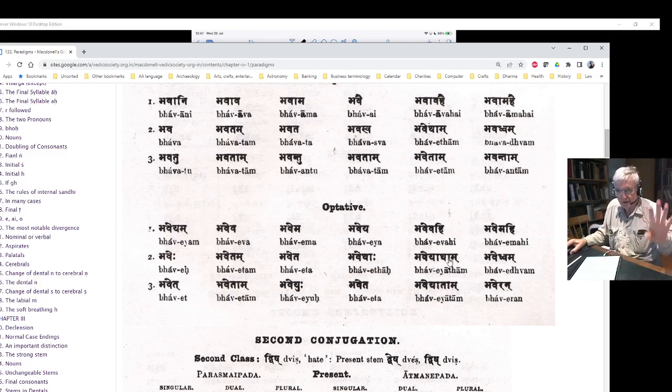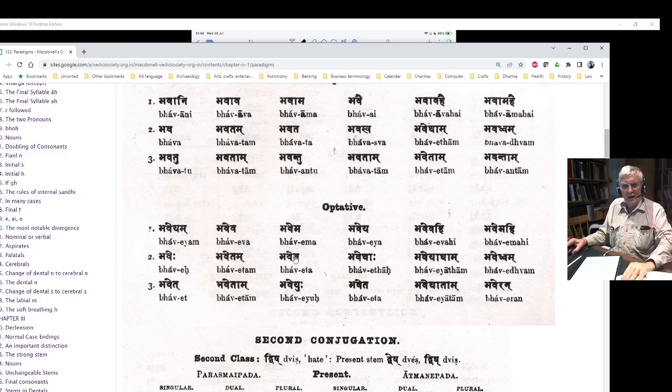Pali students don't need to concern themselves with it at all. And it's the same in the Atmanepada. On the left-hand group here, these nine that I'm circling are the Parasmaipada, the transitive active, and on the right, it's the Atmanepada, what we call the middle voice, of which remnants and traces remain in Pali, some of them quite important, so we will need to look at them.